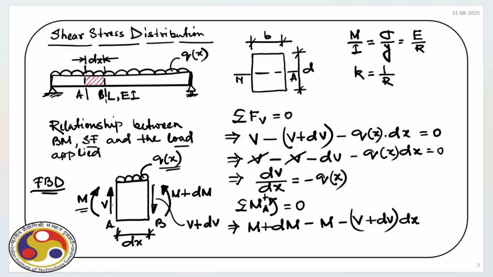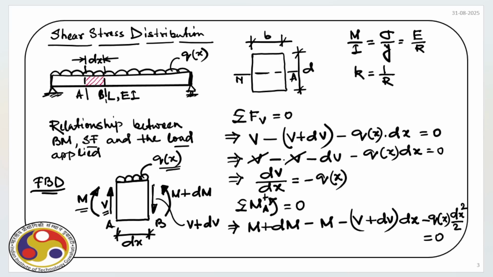Obviously, the other shear force V, which is acting over the face A, will not cause any moment, right? But we have this UDL of intensity q(x). And for that, we have minus q(x) dx, where dx is the length over which it is acting, times dx by 2, so dx squared by 2, and this is equal to 0.